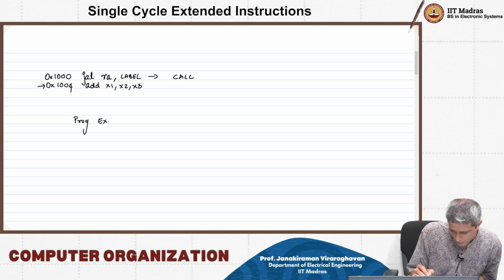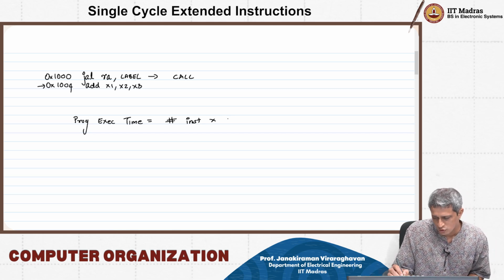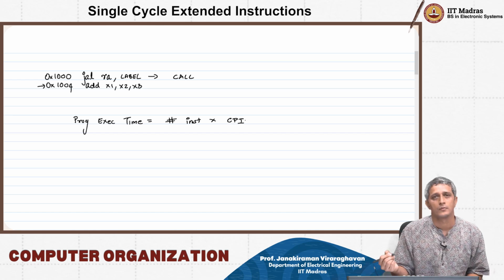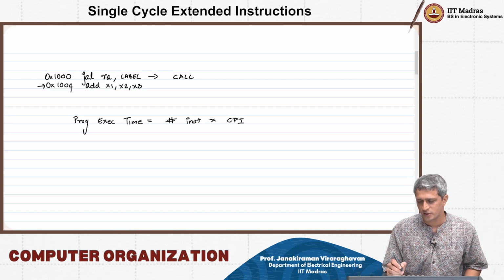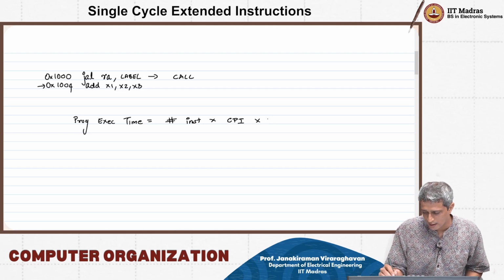Program execution time is basically the number of instructions into cycles per instruction. How many cycles are you taking per instruction? In a single cycle processor it's 1, into the clock period.